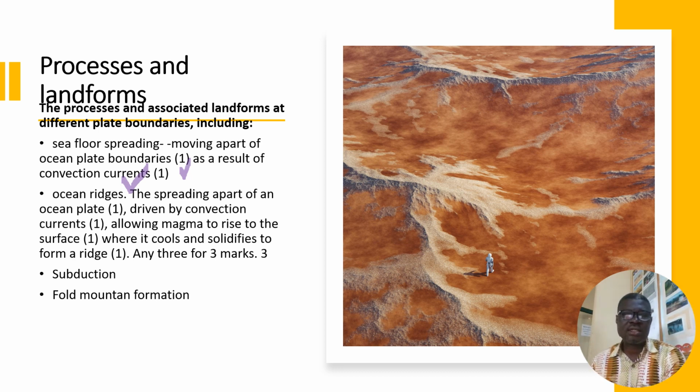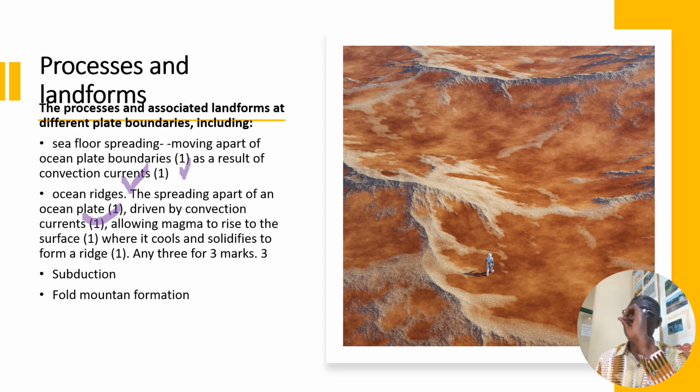The ocean ridges. The ridges are a form of mountains that are created from the opening of the oceanic plates, with the upwelling of magma solidifying to form the ridge. So that one too, the spreading apart of ocean plates.